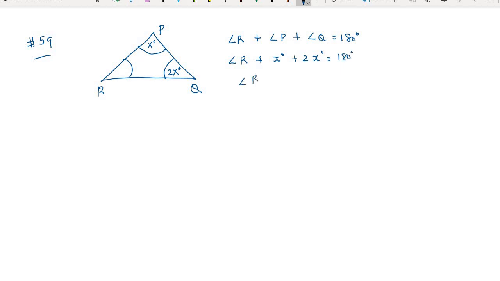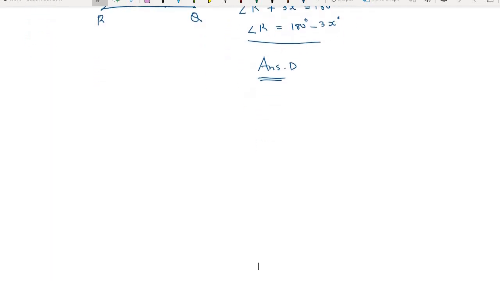Angle R plus 3x degrees is 180. So angle R will be 180 degrees minus 3x degrees. Right, and that is your answer, answer D. Lovely, and then we move on to our last question, question number 60.